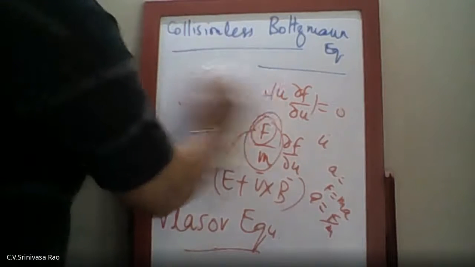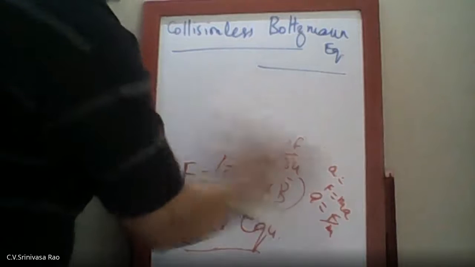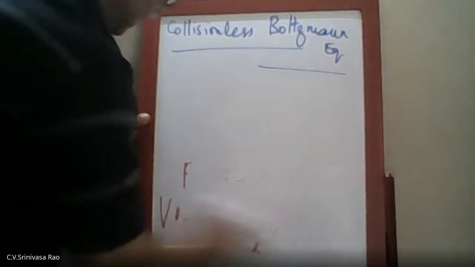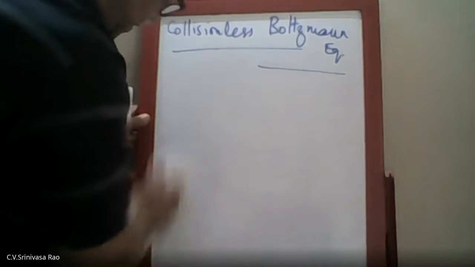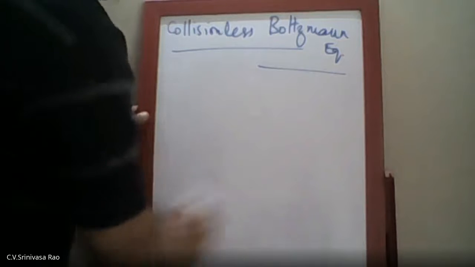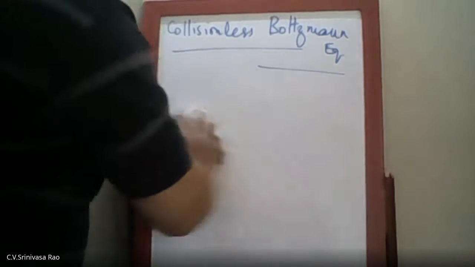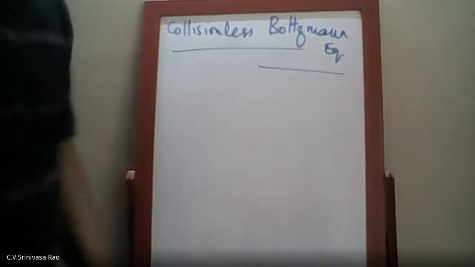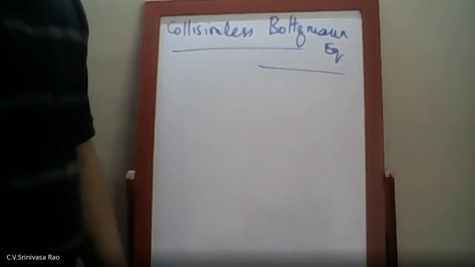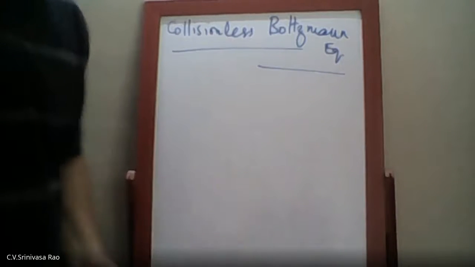Now, there's a very important concept. What is the difference between the Vlasov equation and the Boltzmann's equation? Boltzmann's equation I can write for the plasma also. How is it different?